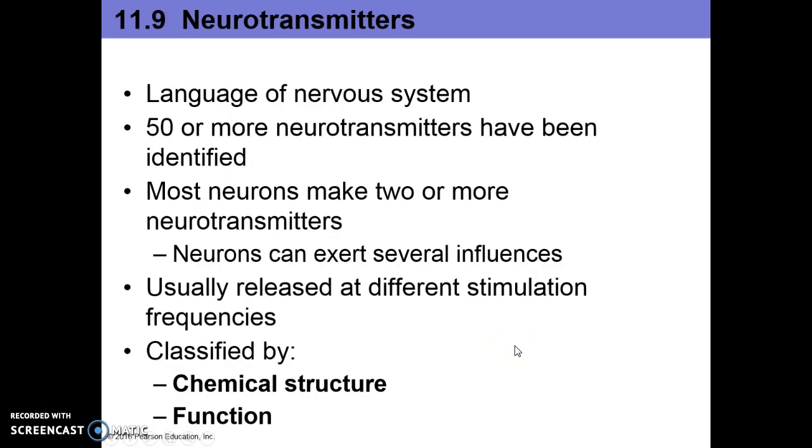Next, neurotransmitters. As I stated in our study guide, I will just have you responsible for a couple of the neurotransmitters, since there are many of them. They're classified by chemical and functional aspects.